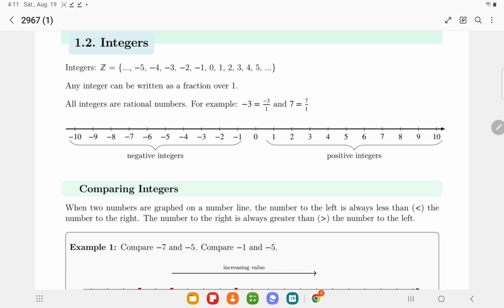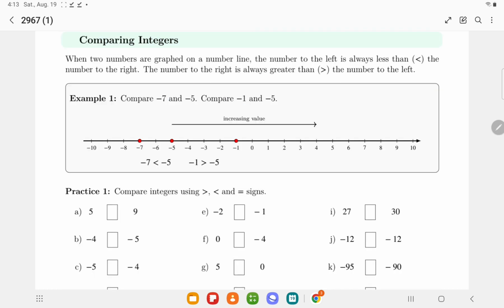In this lesson, we will learn how to add, subtract, multiply, and divide integers. Remember that integers include positive and negative numbers and can be written as a fraction over 1. When comparing integers, the number on the left is always less than the number on the right.